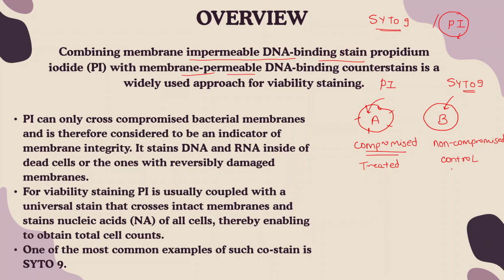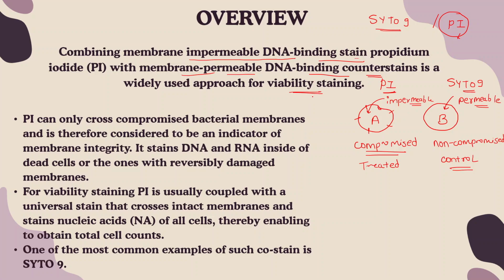In this case you can see that Cyto9 is a membrane permeable stain, it can cross the cells easily, whereas PI can enter only the compromised cells. So generally a membrane impermeable DNA stain is combined with a membrane permeable DNA binding counter stain in order to visualize the viability of cells.